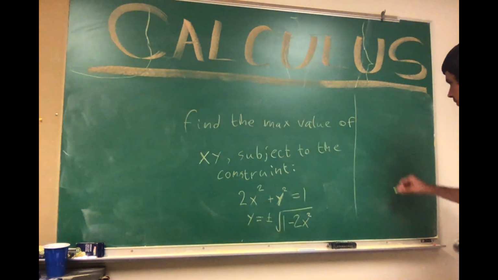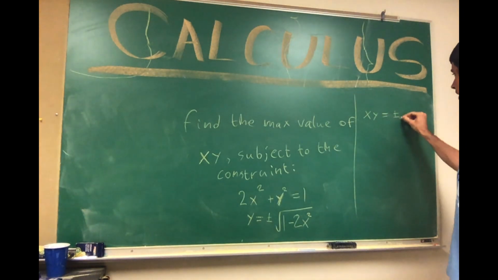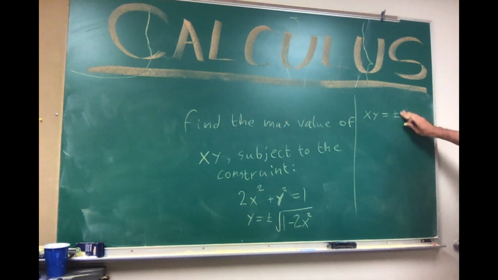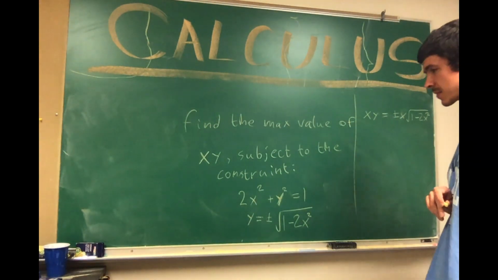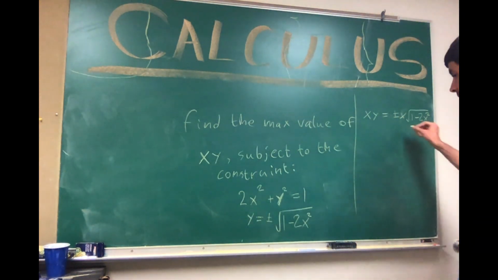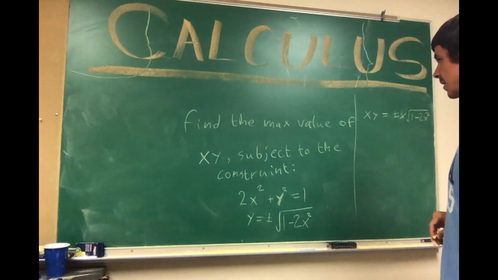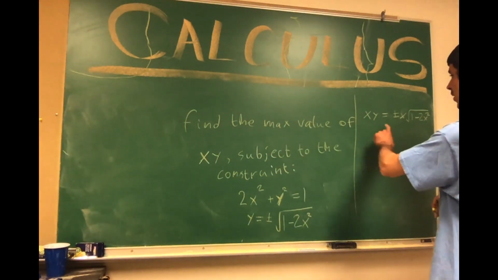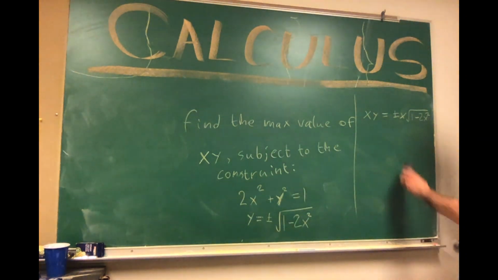And then xy is going to equal plus or minus x times the square root of 1 minus 2x squared. But of course areas are positive, so if we were doing the ellipse interpretation, we would only really care about the positives. But we're not doing the ellipse, but we are looking for the max value, so we only want the positives, because the negative certainly won't give us a max value.